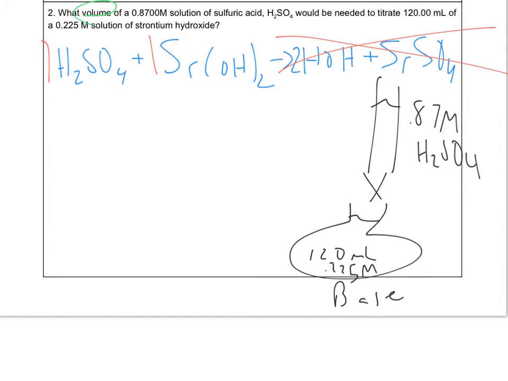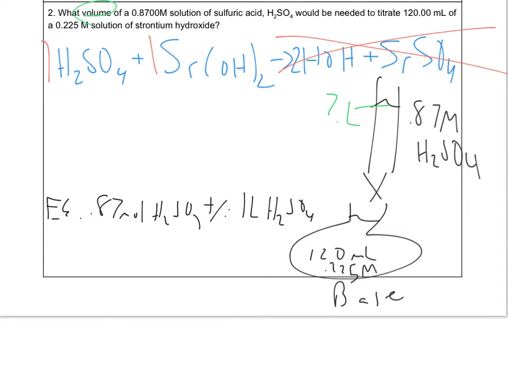So again, if I knew the number of moles here, I could figure out the number of moles here. And we just want to know how many liters of this. So really our question mark is right there. All right, so let's say that we know for every 0.87 moles of H2SO4, there is 1 liter of H2SO4.